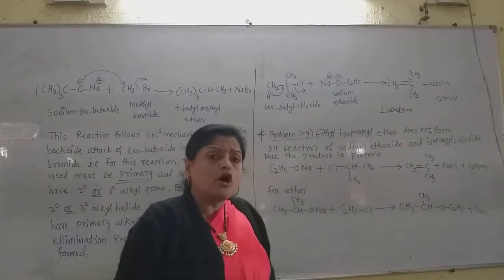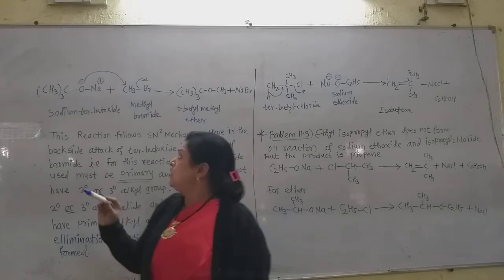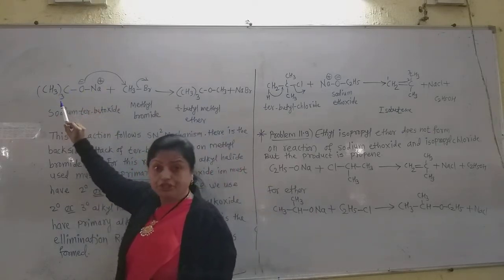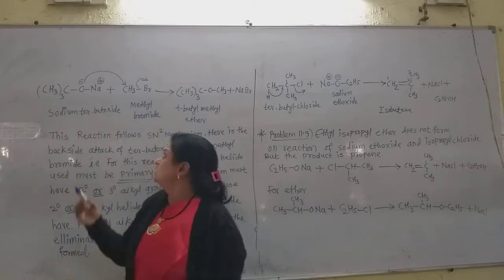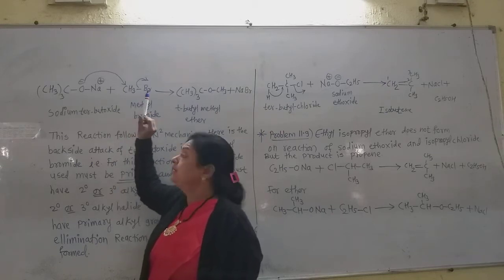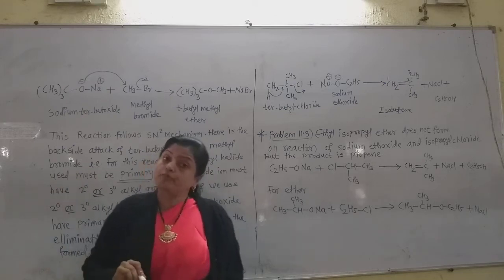So for the formation of ethers, the sodium alkoxide can contain a tertiary or secondary alkyl group, but the alkyl halide must have only a primary alkyl group, and then there is the possibility of formation of ether.